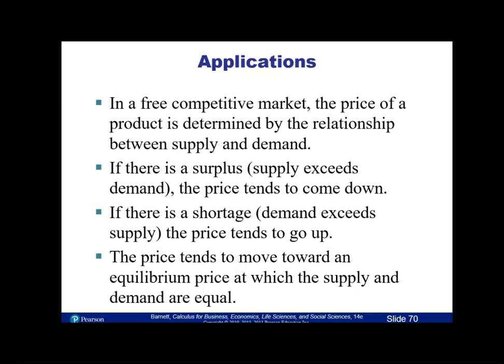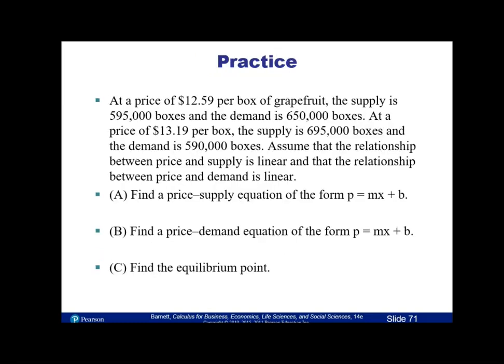If there's a shortage, which means that we don't have all that we need, the demand exceeds the supply, then the price is going to go up as it becomes more valuable to have whatever product you're talking about. So the price tends to move toward an equilibrium price, which is when the supply and the demand are equal to each other.